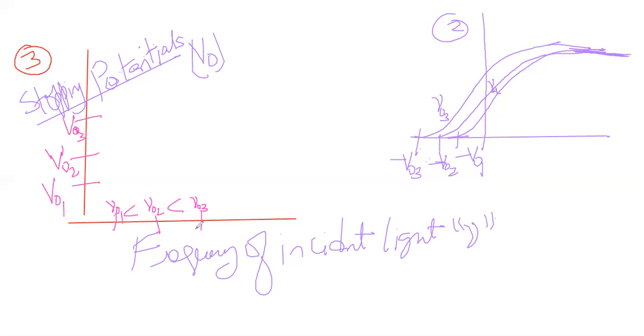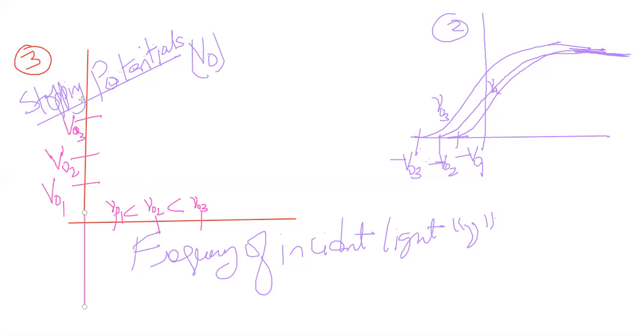Sir, I have a question. Since the frequency of 3 is greater, won't the stopping potential of 3 be lesser than 2? Is V03 smaller than V02, smaller than V01? No, greater. Greater numbers will be upwards.